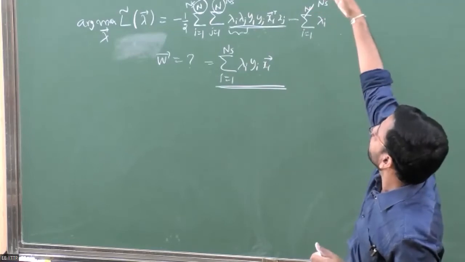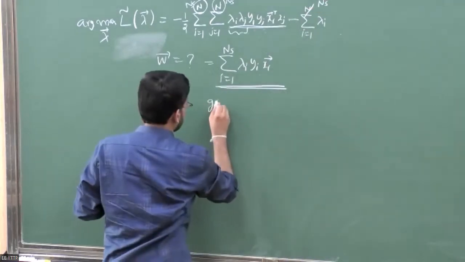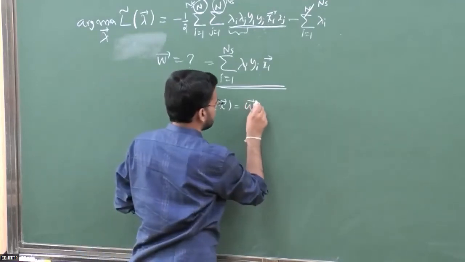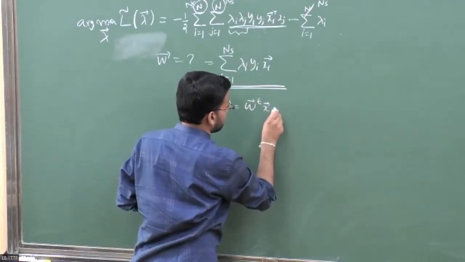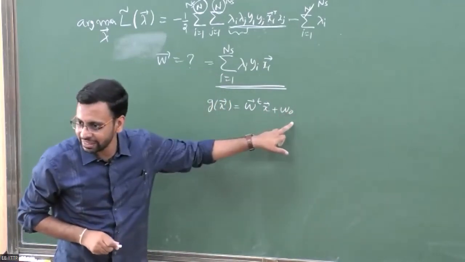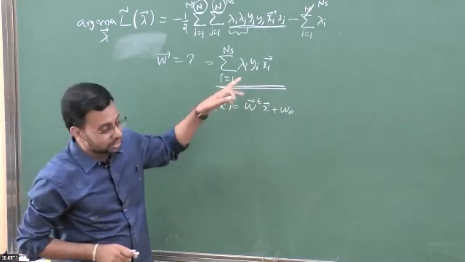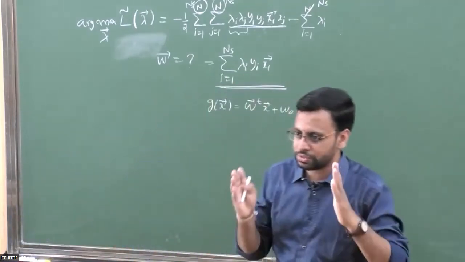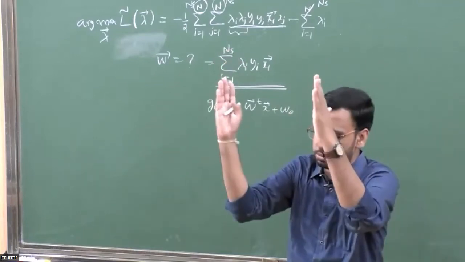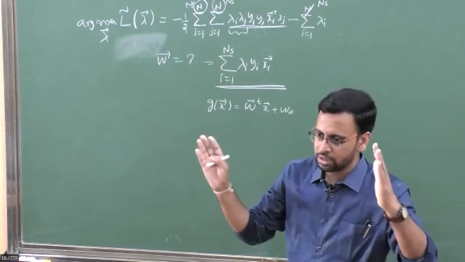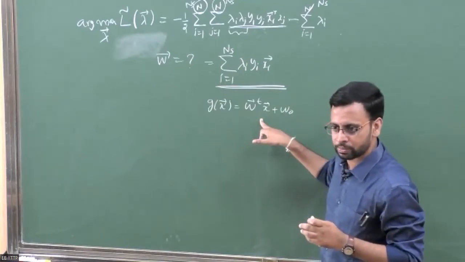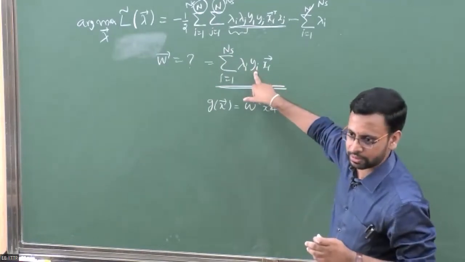Your g of x bar equals w bar transpose x bar plus w naught, right? You do that with all x, y. But what you realized out of this SVM is you don't really have to worry about the rest. You just see the borderline cases and they are the ones which would decide how this would behave. That is what you achieved here.